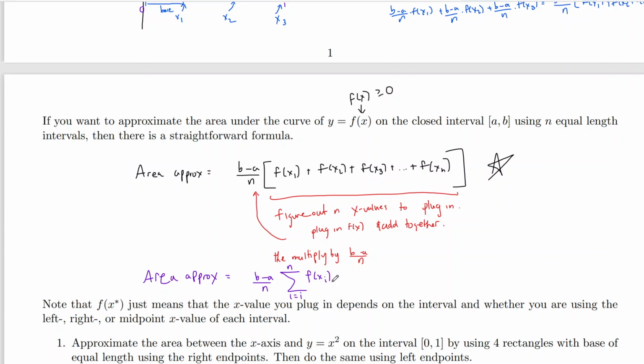All this means is we plug in i equals 1, we start with plugging in i equals 1, we add, we plug in i equals 2, we add, we plug in i equals 3, we add, until we get to whatever n is.